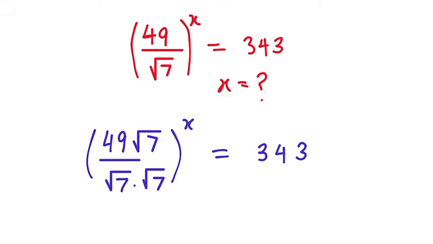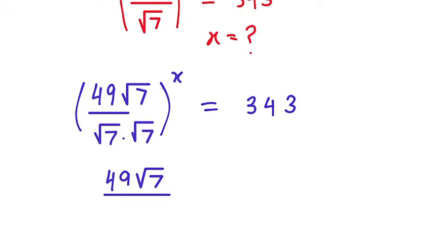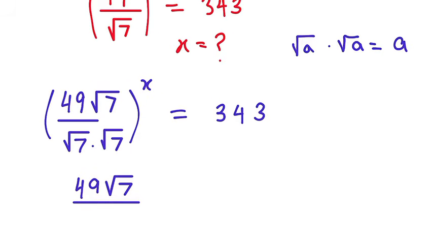From here, we're going to have 49 root 7 divided by, so when you have root a multiplied by root a, this will give us a. So root 7 times root 7 here, we are going to have 7, then all to the power of x equals 343.